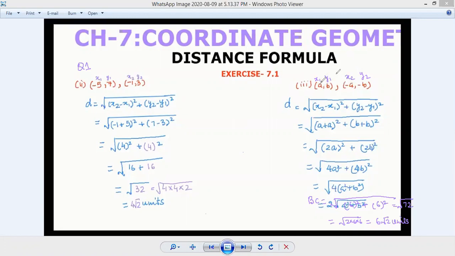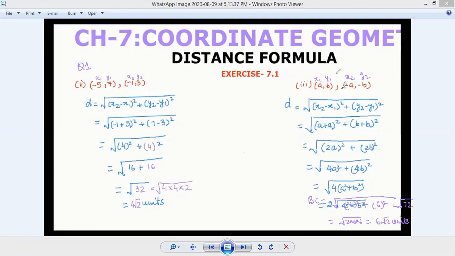A positive value is always greater than the negative, so that means a is greater. From a, you will subtract minus a. There is a minus from the formula, and again the value of x is negative. So two negatives will make it positive, and therefore you will have a plus a.